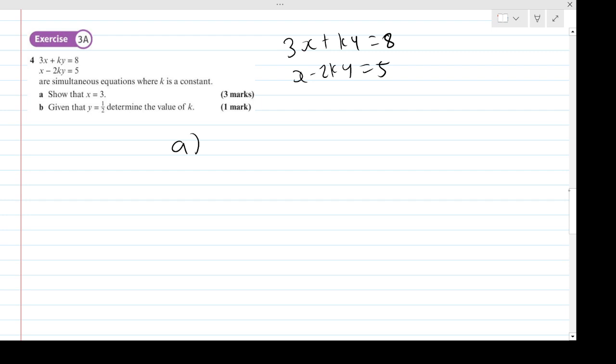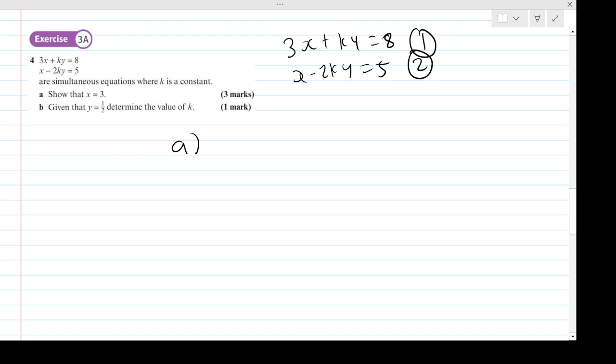We need to solve for x, so that's telling us we need to get rid of y. But it's not just y, we have ky. So we want to get rid of ky, really. I think the best thing is to use elimination. If I call these equations 1 and 2, the second has minus 2ky, but I have ky in the first.